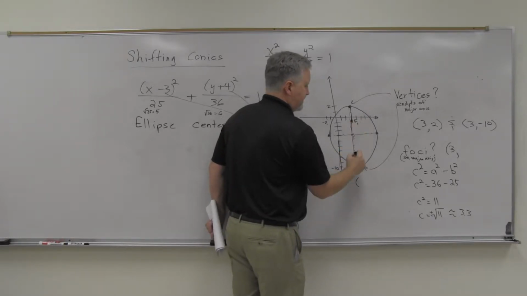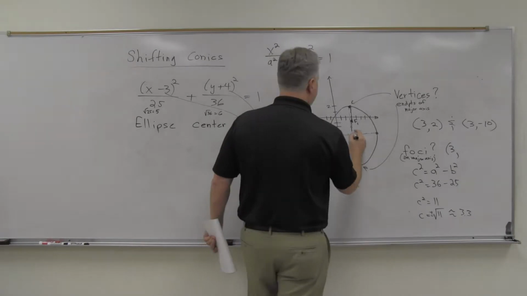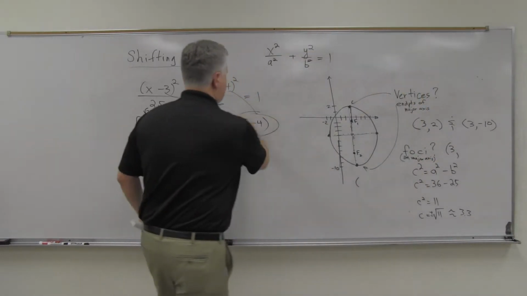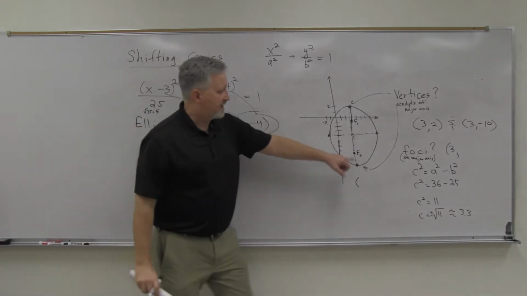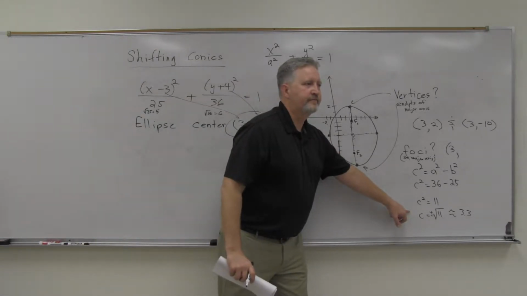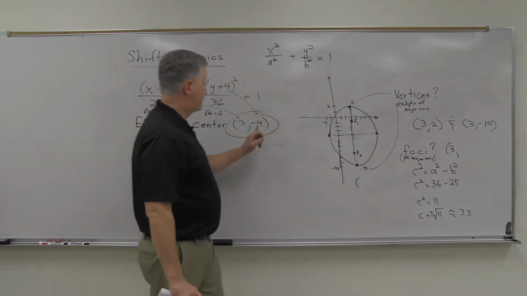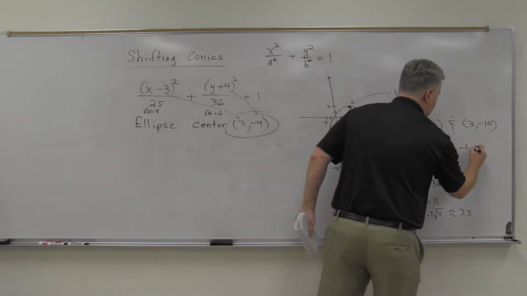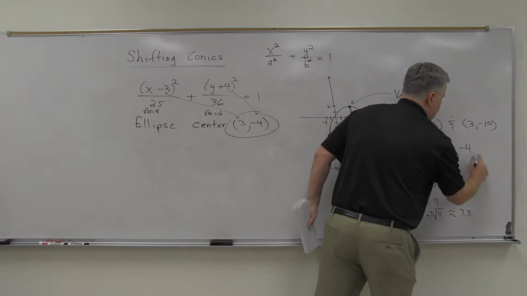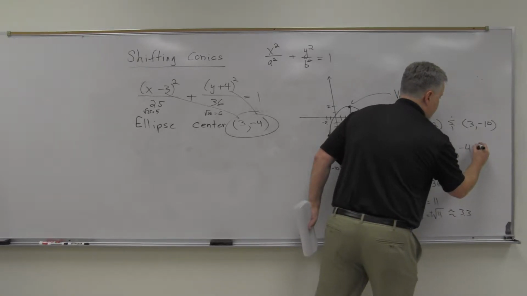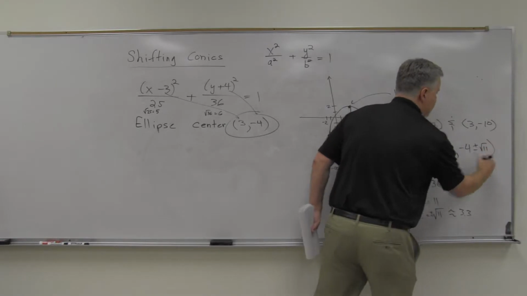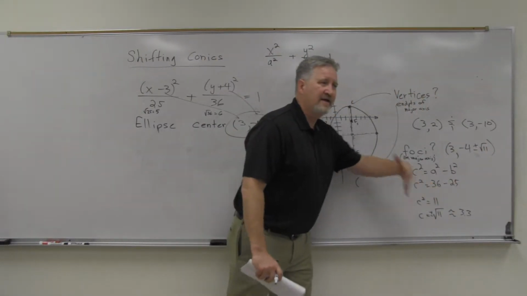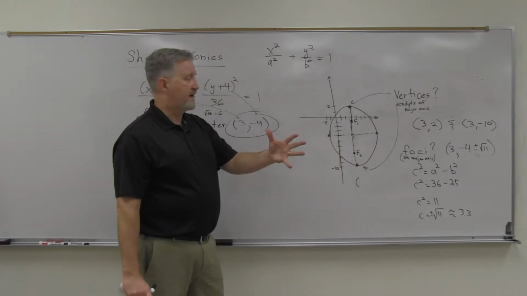My center is (3, -4), and so what I'm doing is adding and subtracting this from the y value. So the y coordinate of the foci, what I need to do is add or subtract that square root of 11, or the 3.3, and that might help you get the values there.